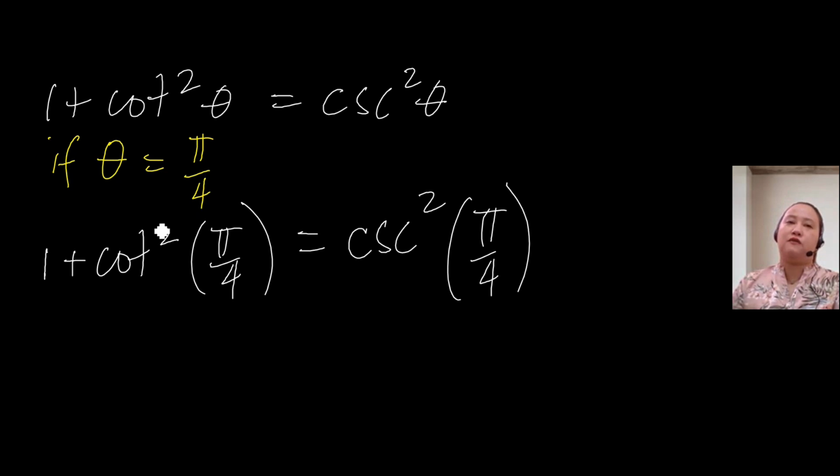Since we have the square of a trigonometric function, in your calculator you just input the trigonometric function together with the angle, and then you have to include the power. However, since we have cotangent here, just like the secant a while ago, we're going to apply the reciprocal.